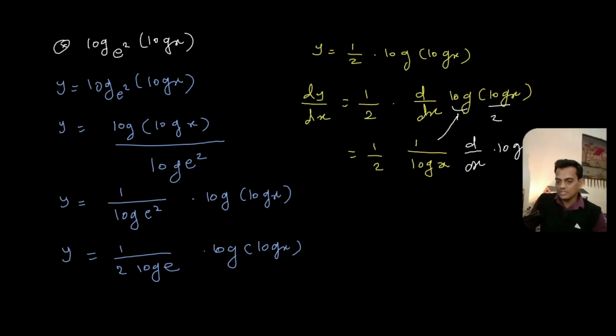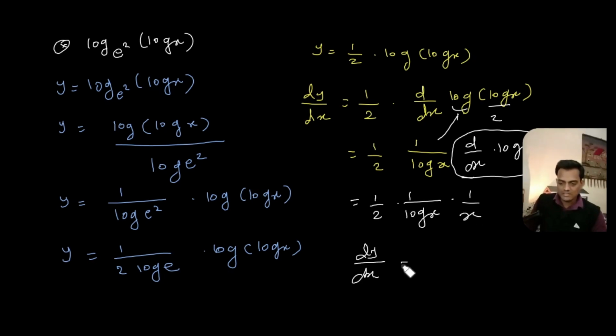Then into the derivative of this term, which is 1 upon x. So finally I will get the output dy by dx equal to 1 upon 2x. It will be our final output.